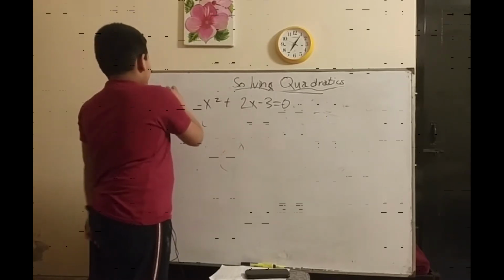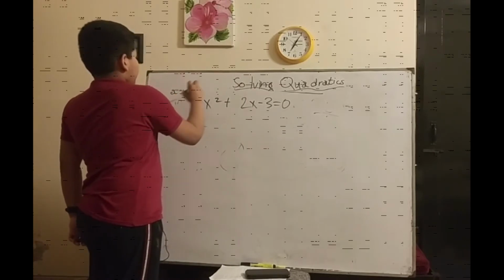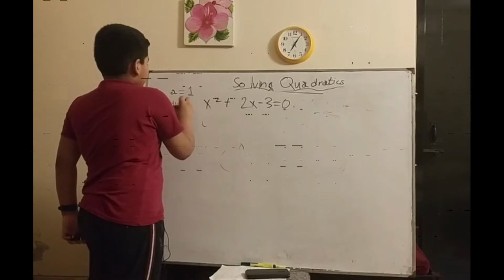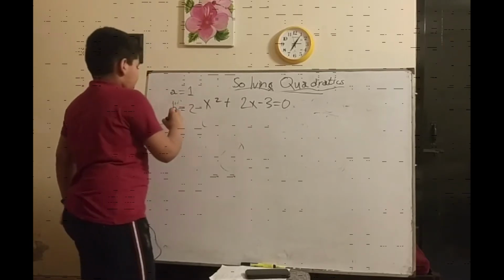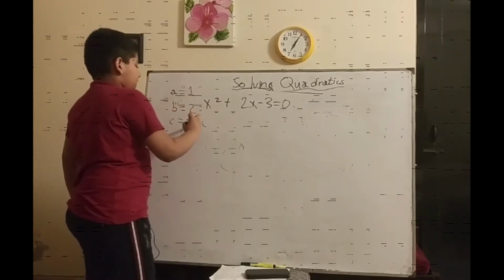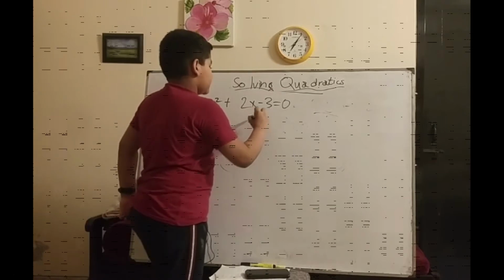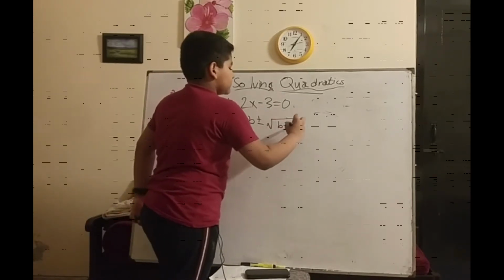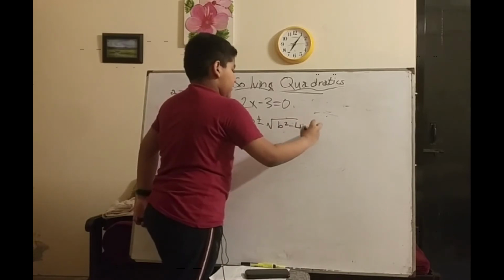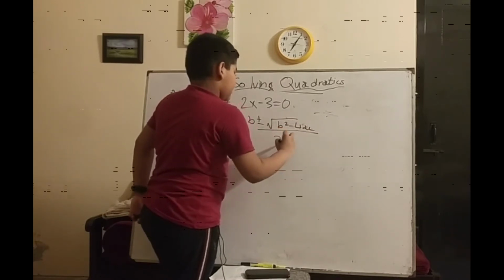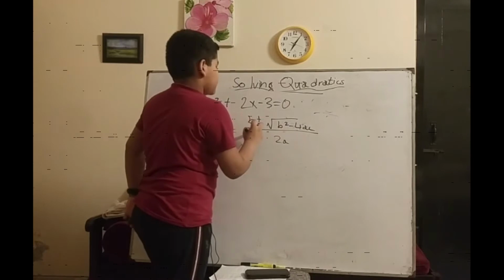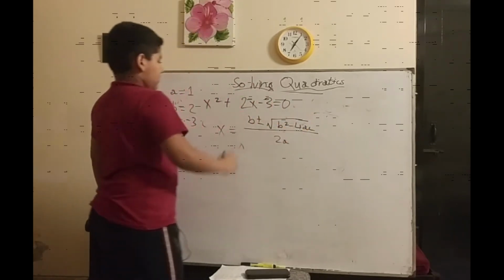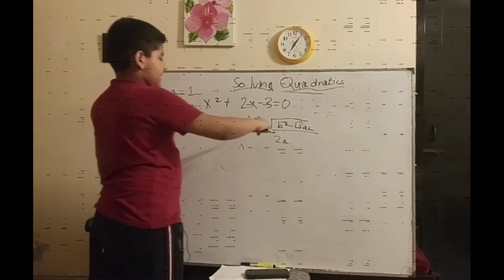Now, using the quadratic formula, a will be 1, b will be 2, and c will be negative 3. Going back to the quadratic formula, you really memorize it in your head when you do the calculation. Let's plug in all these numbers.